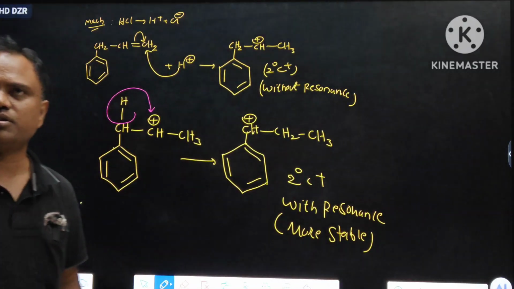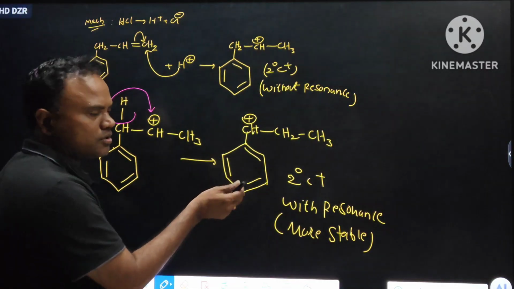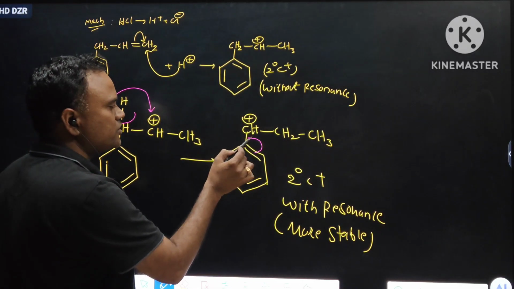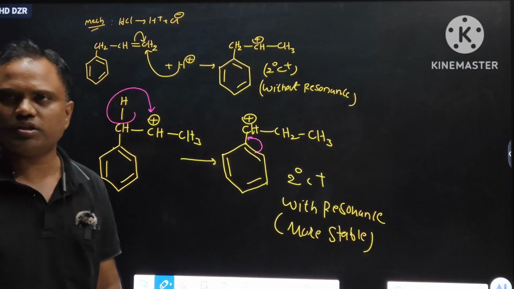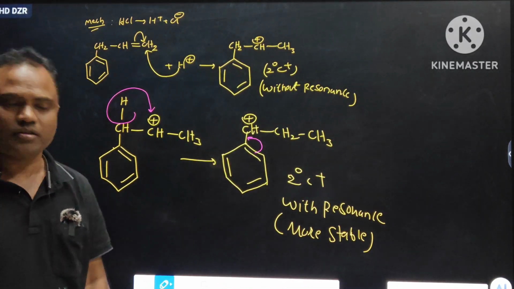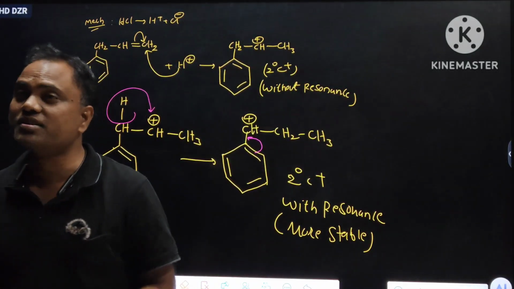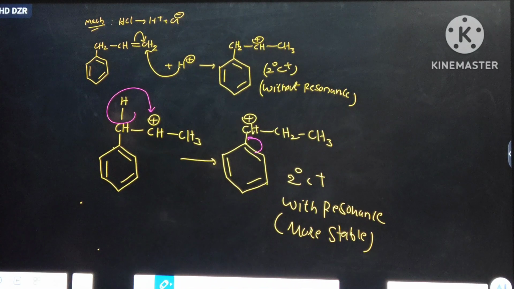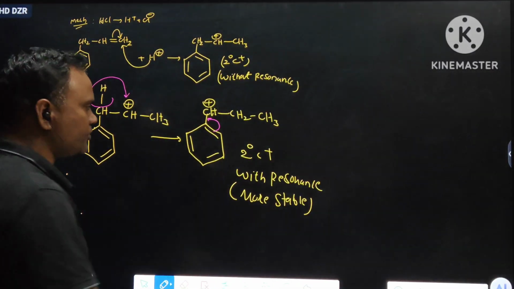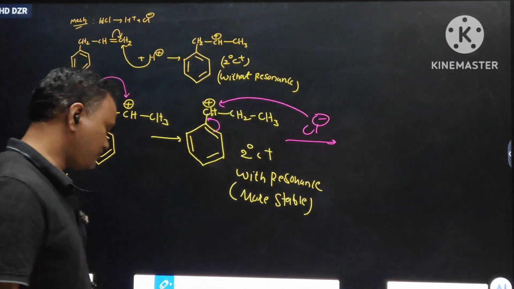Look at this: the pi bond is connected to the carbocation, adjacent, so resonance takes place and this is the more stable carbocation. Sometimes you will get the same degree, but the other factor is resonance. Very important question. In the next step, Cl negative will be added, so I am adding Cl negative directly to this.